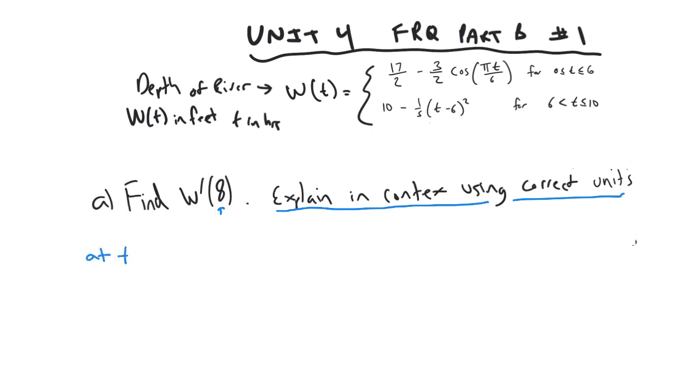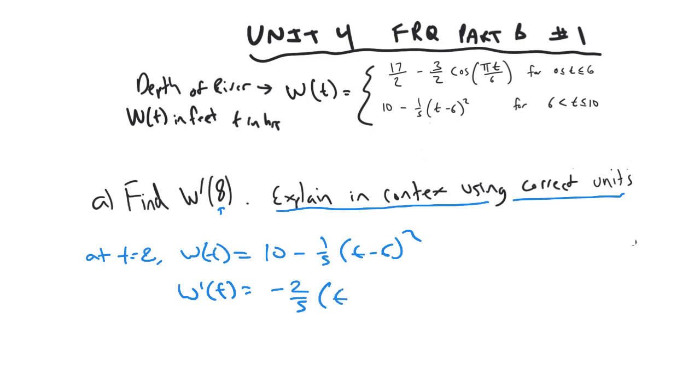So at t equals 8, w of t equals 10 minus 1/5 (t minus 6) squared. So w prime of t is going to equal, the 10 is going to go away, and I'm going to bring the exponent down in front, so negative 2/5 times (t minus 6) to the first.